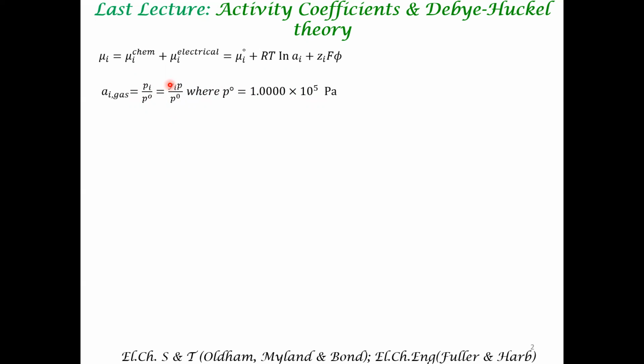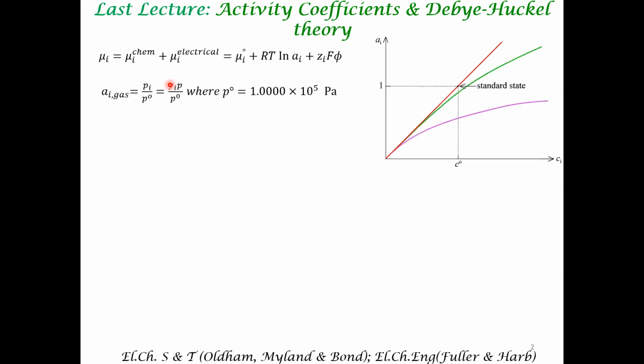For the systems that are of relevance to this class on electrochemical engineering, gases are not that important. What is more important is the activity of species present in a solvent, electrolytes and non-electrolytes. Here, what we are plotting is activity on the y-axis and concentration on the x-axis. This is a line wherein activity is equal to the concentration. And we are plotting for two different systems.